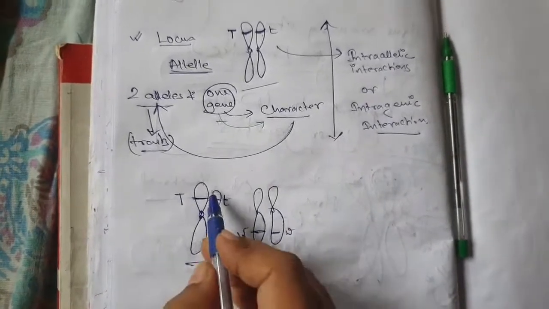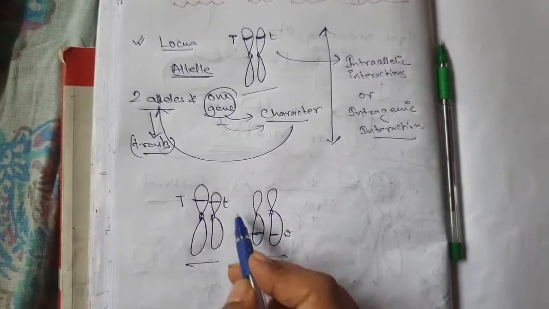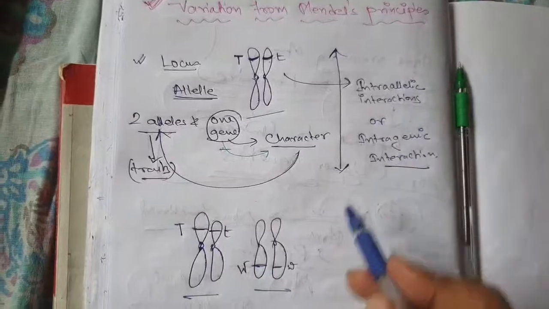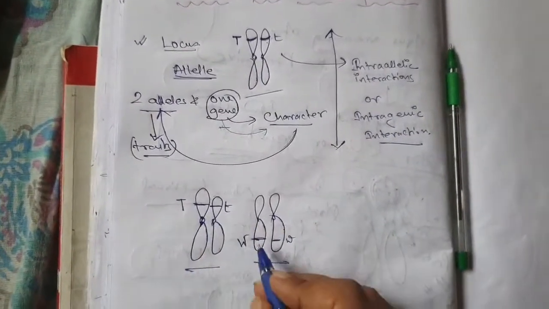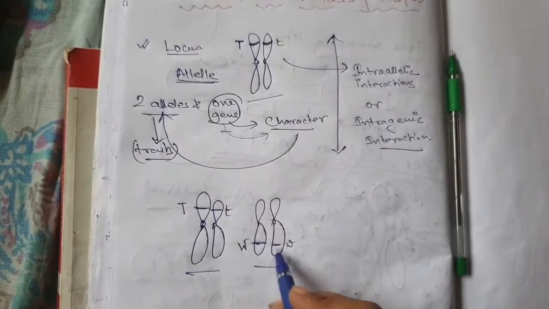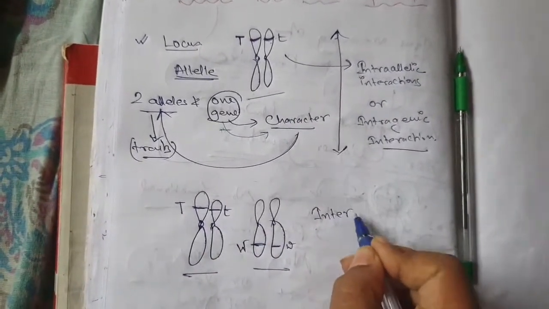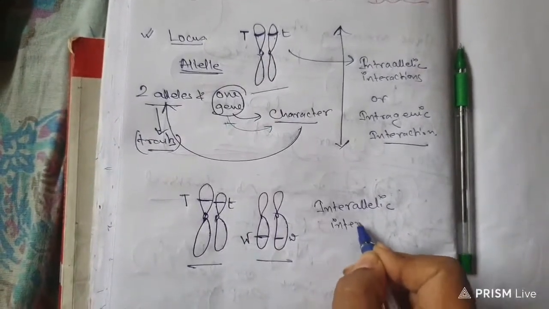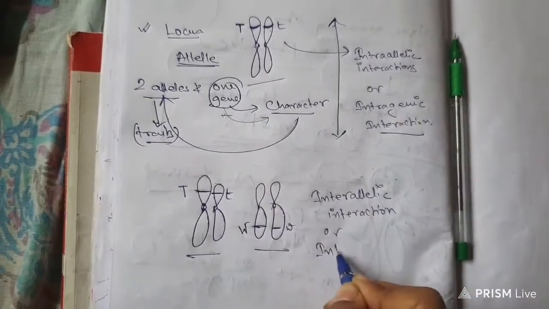When these alleles interact with each other, the interaction is known as intraallelic interaction or intragenic interaction. But when these two interact with this, or these two interact with this, we call it interallelic interaction or intergenic interaction.